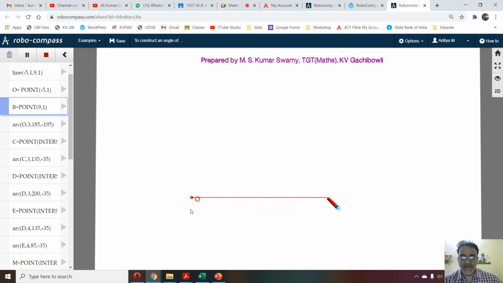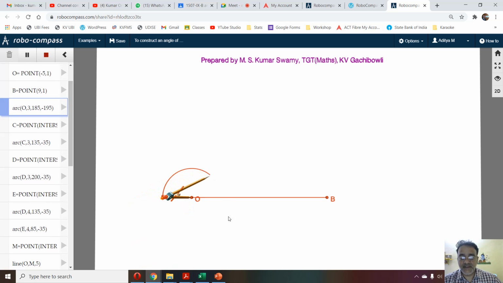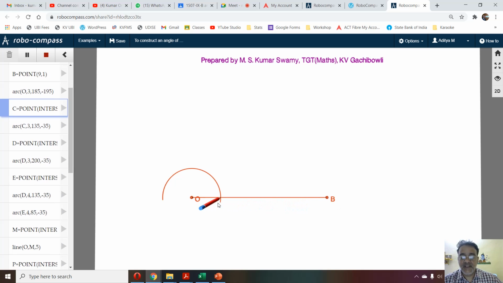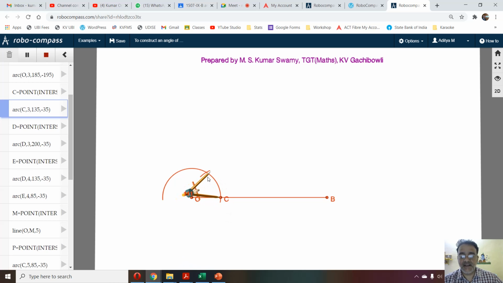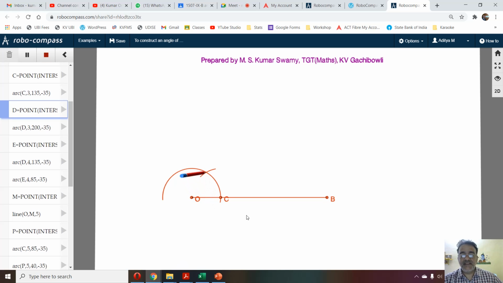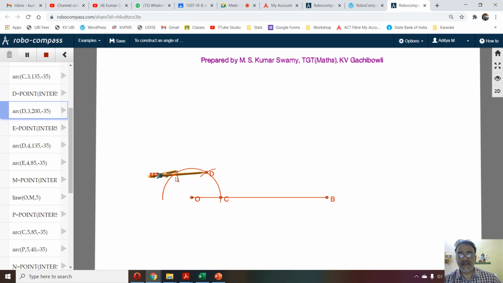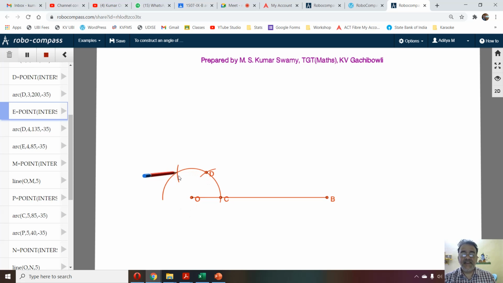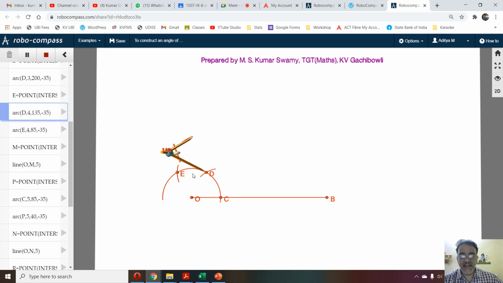Now with center O, 90 degrees draw करना है. So with center O we are going to draw a semicircular arc of convenient radius which will intersect OB at point C. Again with center C and the same radius we have to draw another arc which will intersect the previous arc at point D. Now with center D we have to draw one more arc which will intersect the first arc, that is the semicircular arc, at point E. Now with centers D and E we have to draw two arcs on the same side and the radius should be more than half of DE, right?